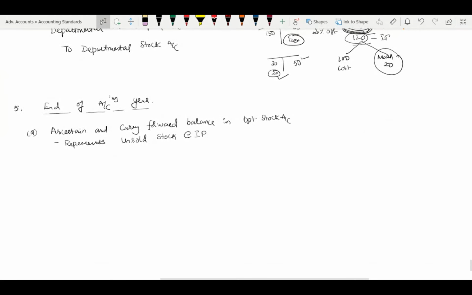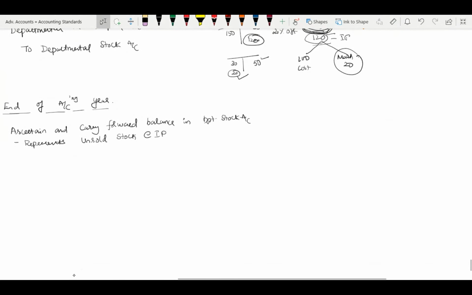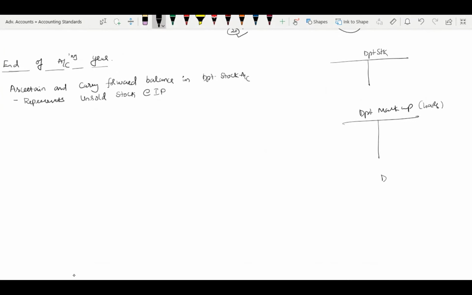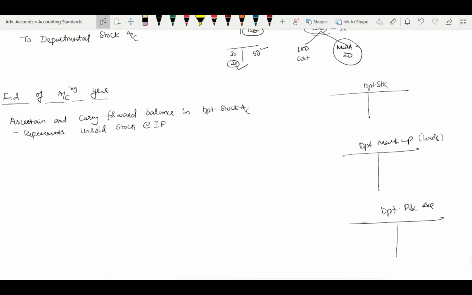Just imagine I'm opening three ledger accounts. One is departmental stock, second is departmental markup account, which is for loading, and third is departmental P&L account. This is how it will work. Now you have to balance departmental stock by balance carried down.